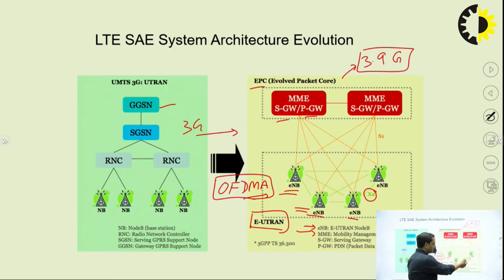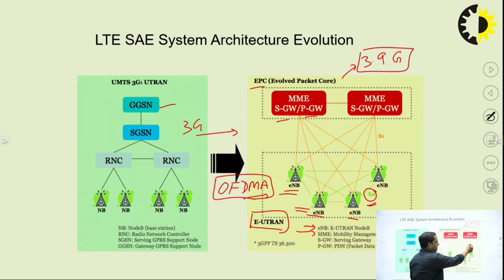There are different types of interfaces, the X2 interface we call it, between the different E node Bs. This is at the data link layer, and data will be processed through the different E node Bs. So this link layer of OSI can be used in the X2 interfaces.